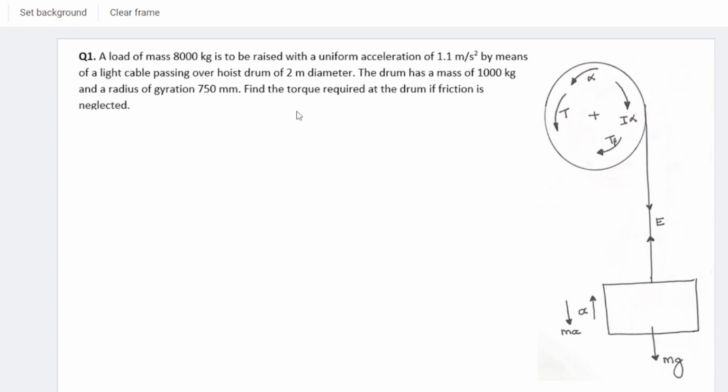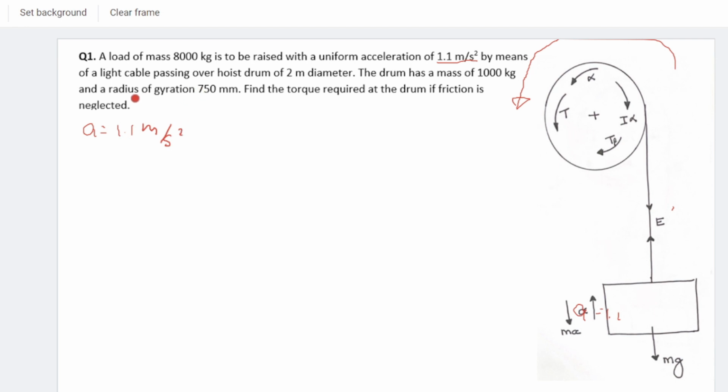There is a load of 1,000 kilogram that is to be raised, so it's going in this direction. It is to be raised with an acceleration of 1.1 meter per second squared.